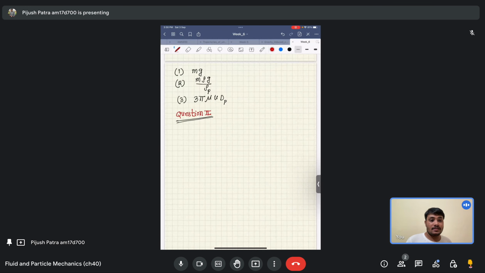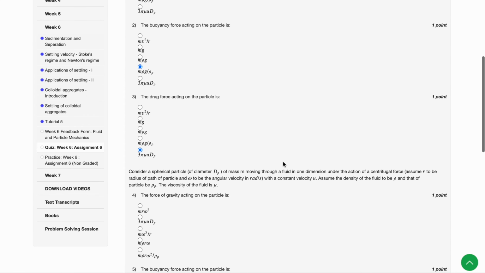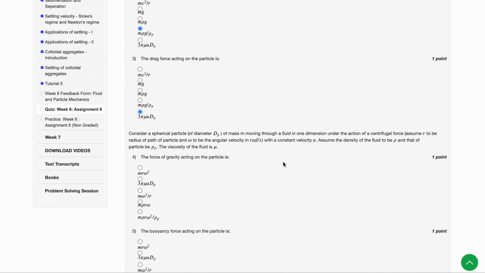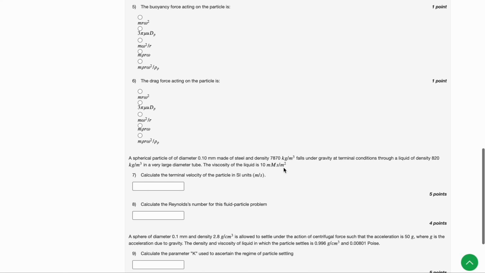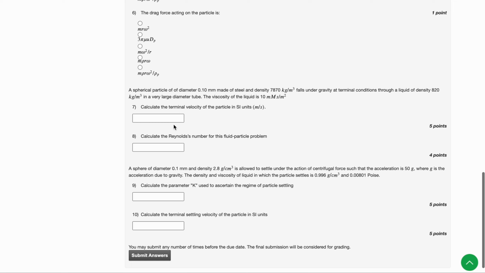So first let me read the question very carefully. It says, consider a spherical particle of diameter d of mass m moving through a fluid. So what is given here?